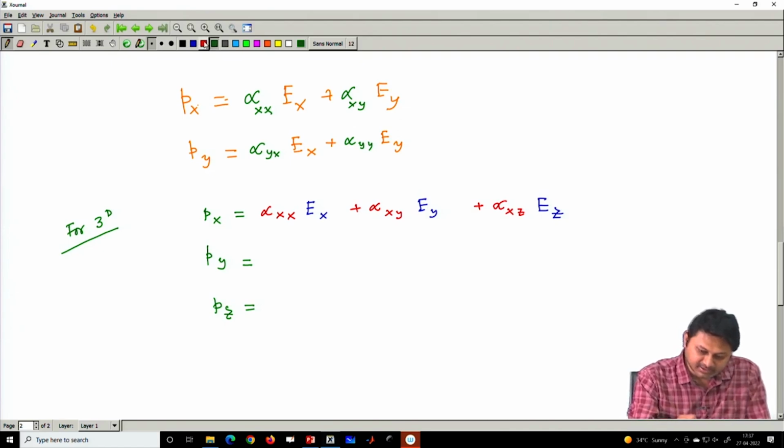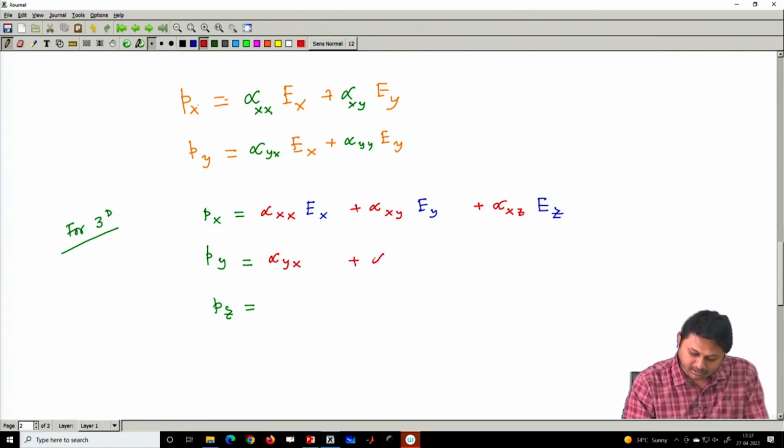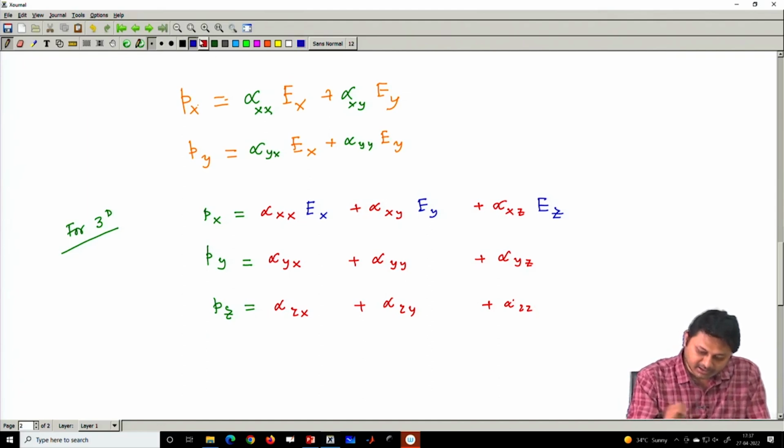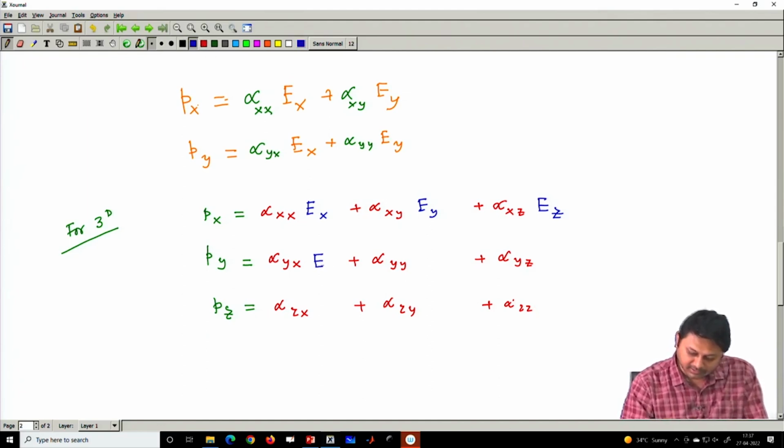Explicitly, I should write alpha y x plus alpha y y plus alpha y z, alpha z x plus alpha z y plus alpha z z, and the components are Ex, Ey, Ez.